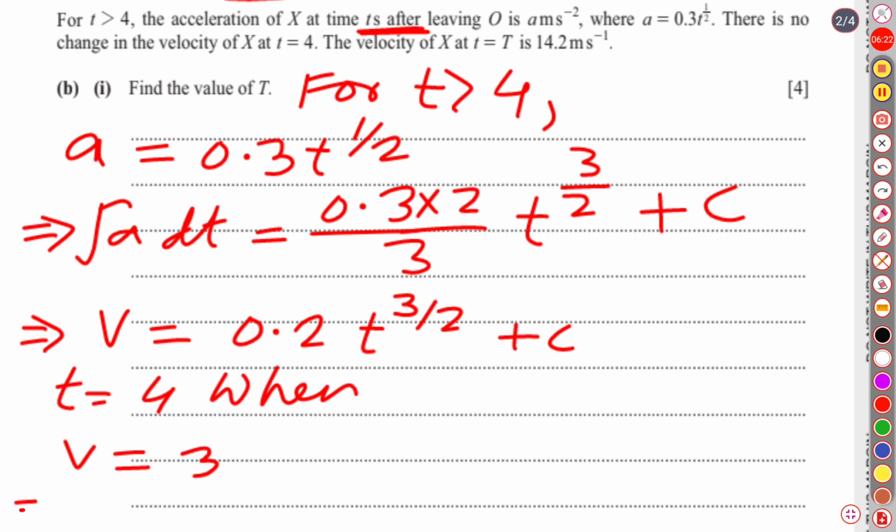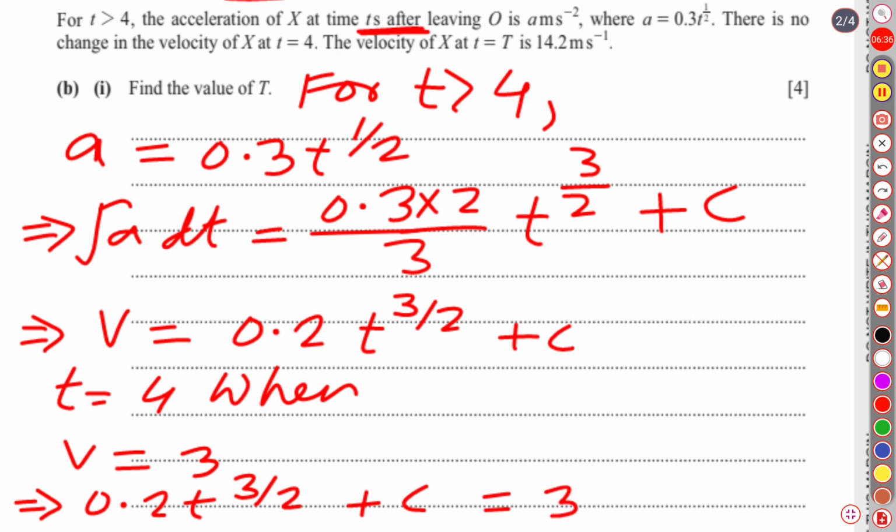Then if we substitute, it is going to be 0.2 t^(3/2) plus c is equal to 3.